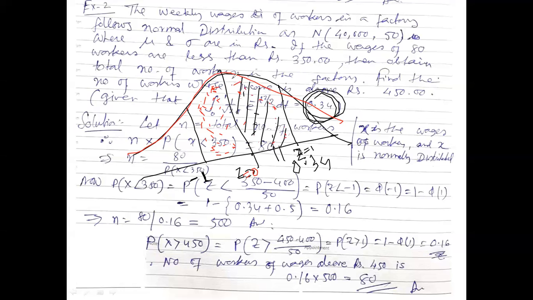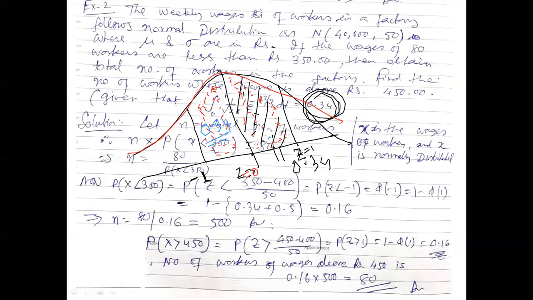I repeat, since the curve is symmetric, the probability between minus 1 and 0 is equal to the probability between 0 and 1. So this value is nothing but 0.34, because that value is 0.34.